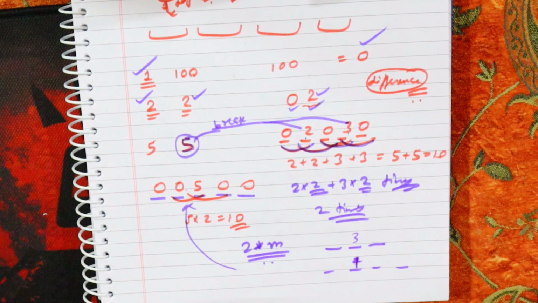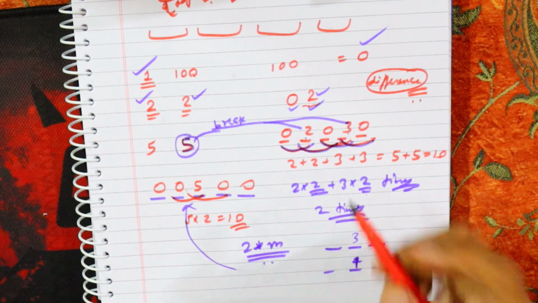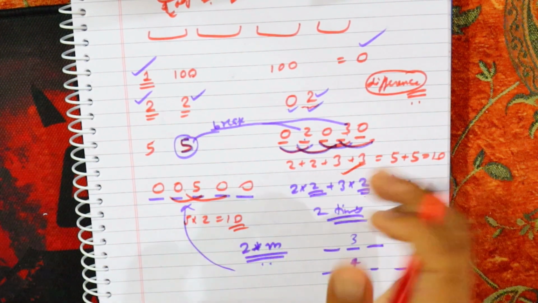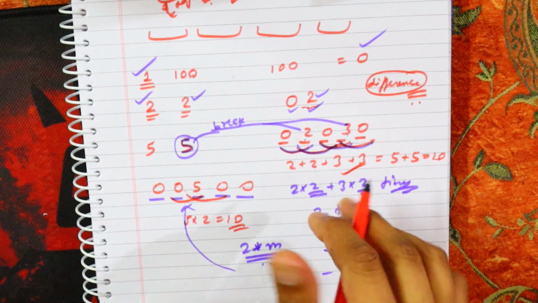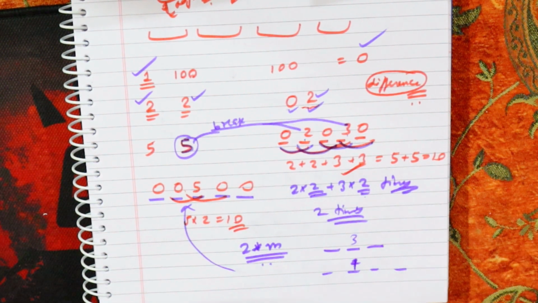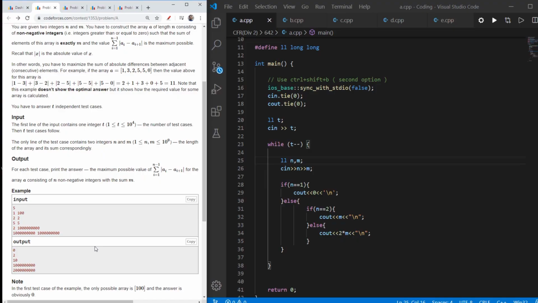So my answer will always be 2 into m, because at max the answer can be 2 into m. I said at max because I am breaking the sum into some numbers, and a number which I am breaking it into can be counted only 2 times.